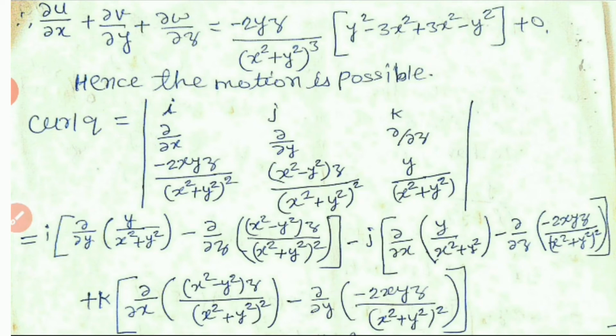Now we take the curl q. Q is equal to ijk, dou by dou x, dou by dou y, dou by dou z, and the values of u v w, put here the values of u v w and calculate this.